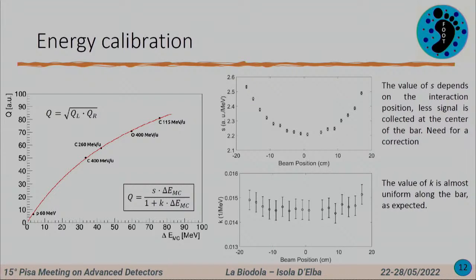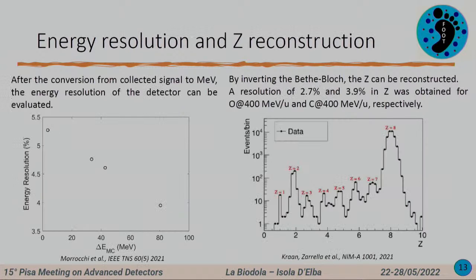As you can see, the k parameter is quite uniform, as we expect, since it depends on the material, not on the position, while the collected light depends on the position. So this needs to be taken into account in the calibration process. And inverting Birks' equation, we can obtain also the energy resolution for the detector.